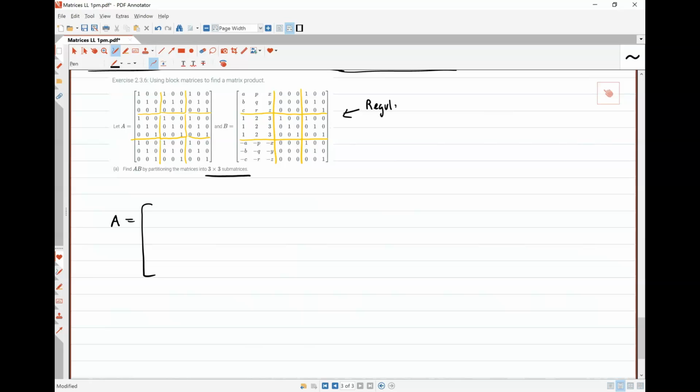The regular way of multiplying requires 9 cubed ops. So 9 times 9 times 9, that's 729. And that's just multiplications. Then you still have 9 times 9 again for the number of additions as well.